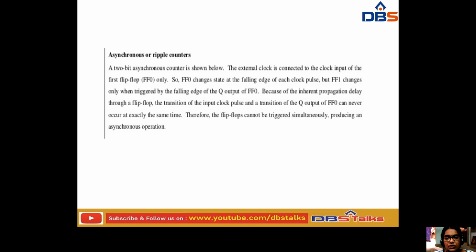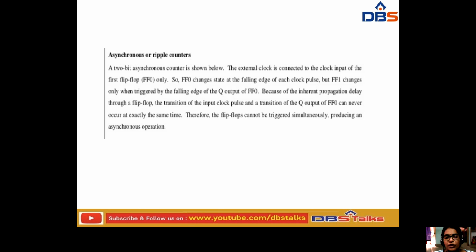The 2-bit asynchronous counter we are going to discuss in the next slide. But here, the external clock is connected to the clock input of the first flip-flop, so FF0 changes state at the falling edge of each clock pulse, but FF1 changes only when triggered by the falling edge of the Q output of FF0, because of the inherent propagation delay through a flip-flop.